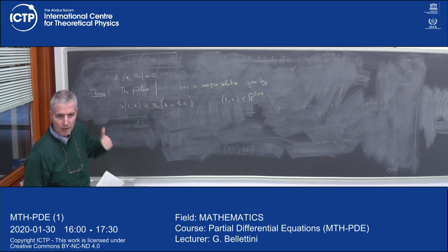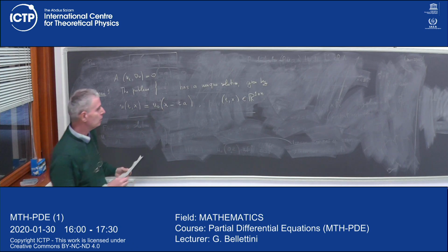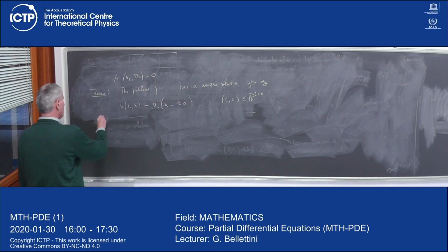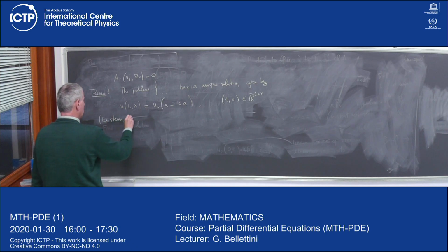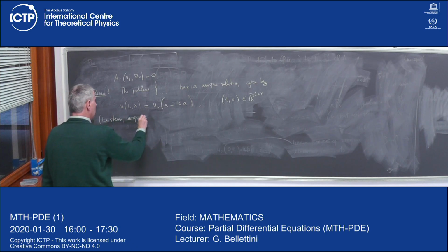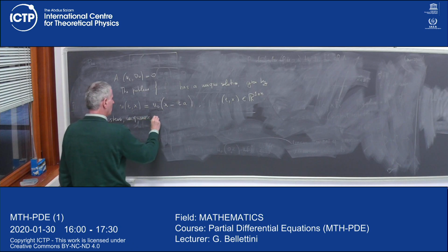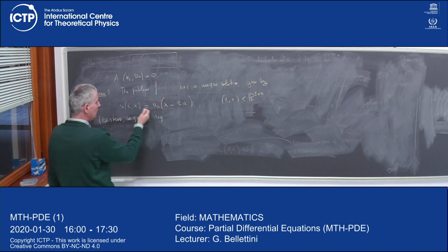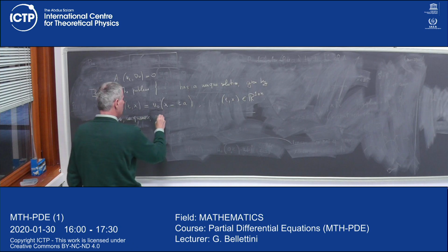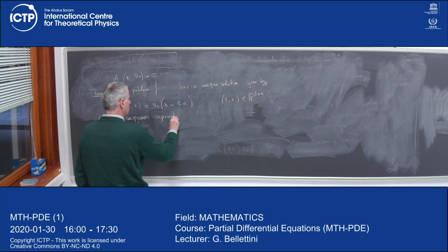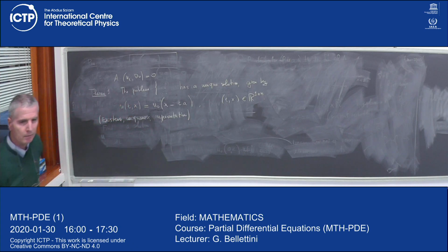So this is existence, uniqueness, and representation. Regularity means in which class. So we have an explicit solution. Let's see why.